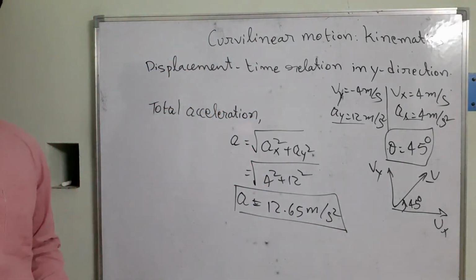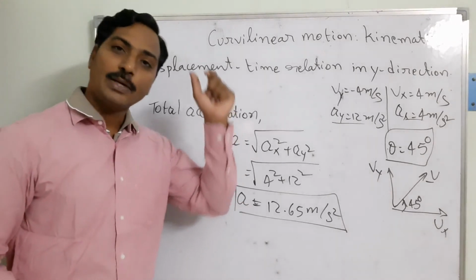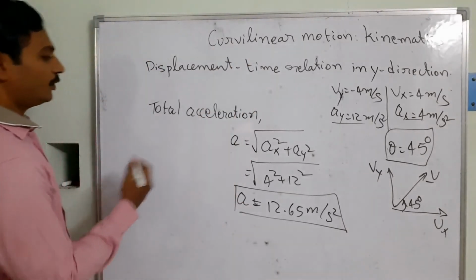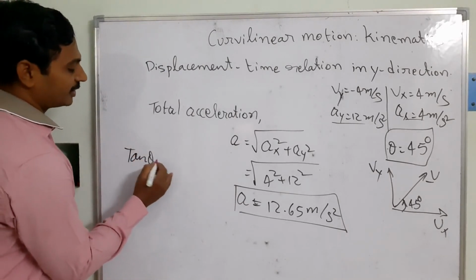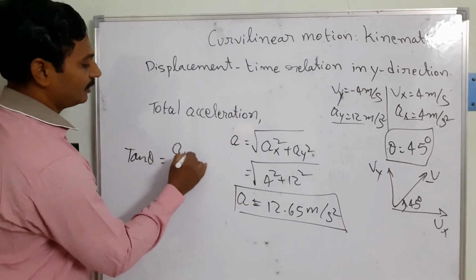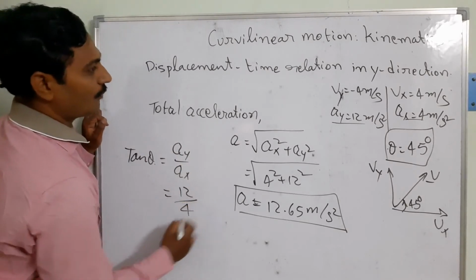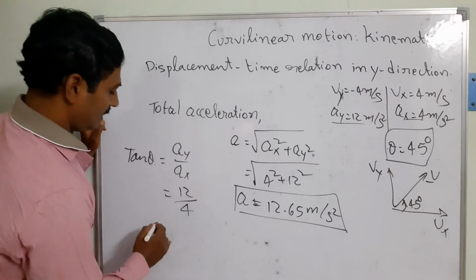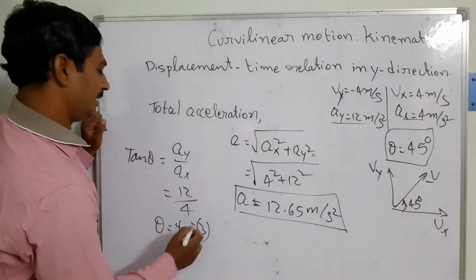So once we have calculated the resultant acceleration of that particle at that particular instant, what is the direction? That is the tan theta. This is going to be your acceleration direction we are calculating. This is going to be ay by ax. So this is going to be 12 by 4. So then theta is equal to tan inverse 3 we are going to be getting.